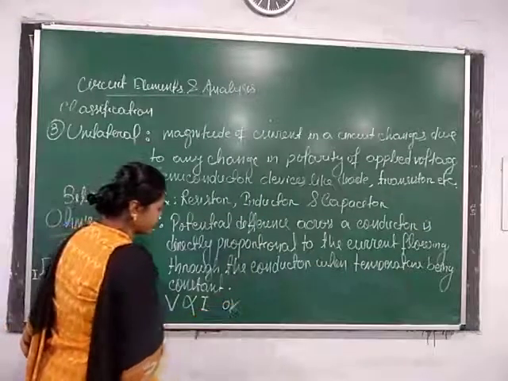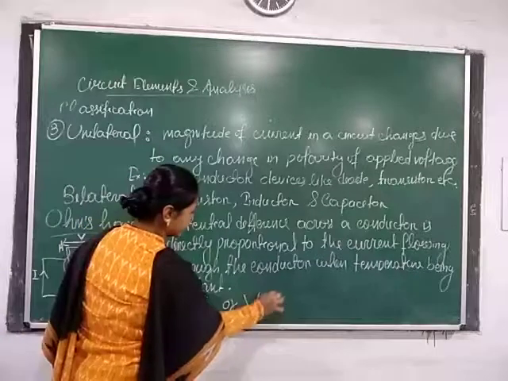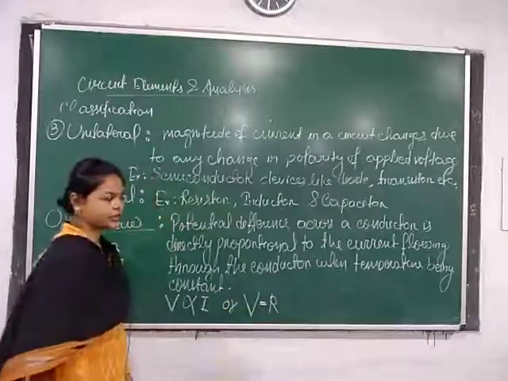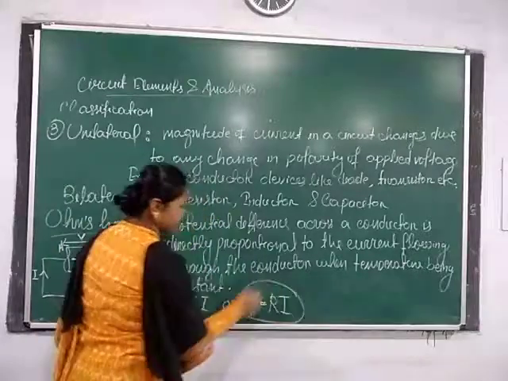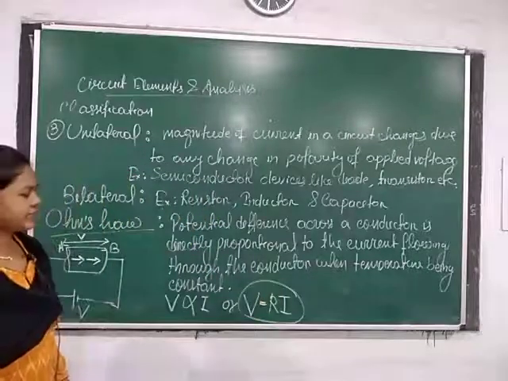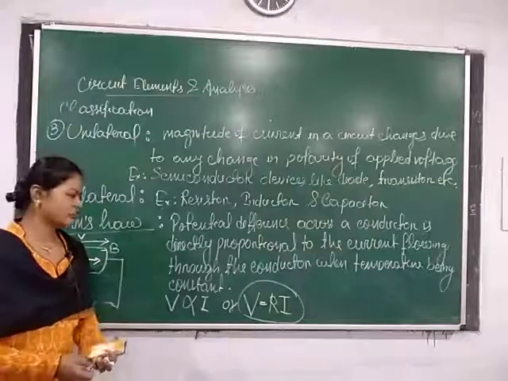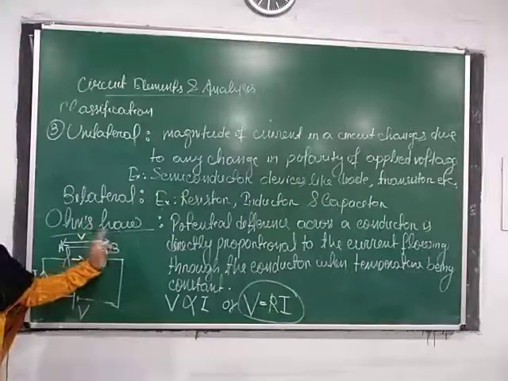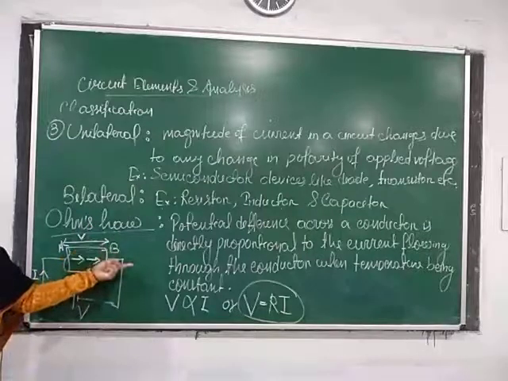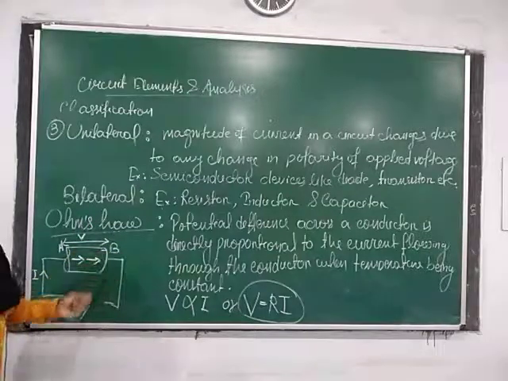Here we take a proportionality constant R, which is the resistance of the conductor. V is equal to IR. This is the basic law without which we can't analyze any type of electrical circuit.